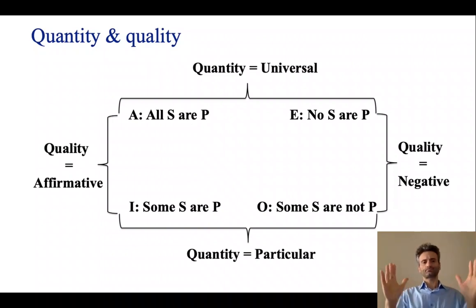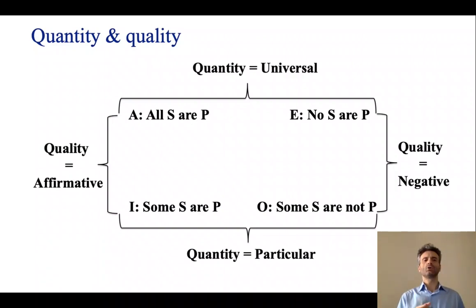Notice, by the way, that I arranged the four forms into a square. We will learn at the end of this lecture that this is known as the square of opposition. We are going to learn two interpretations of it, the traditional one and the modern one. But before we get there, we have to understand these concepts.